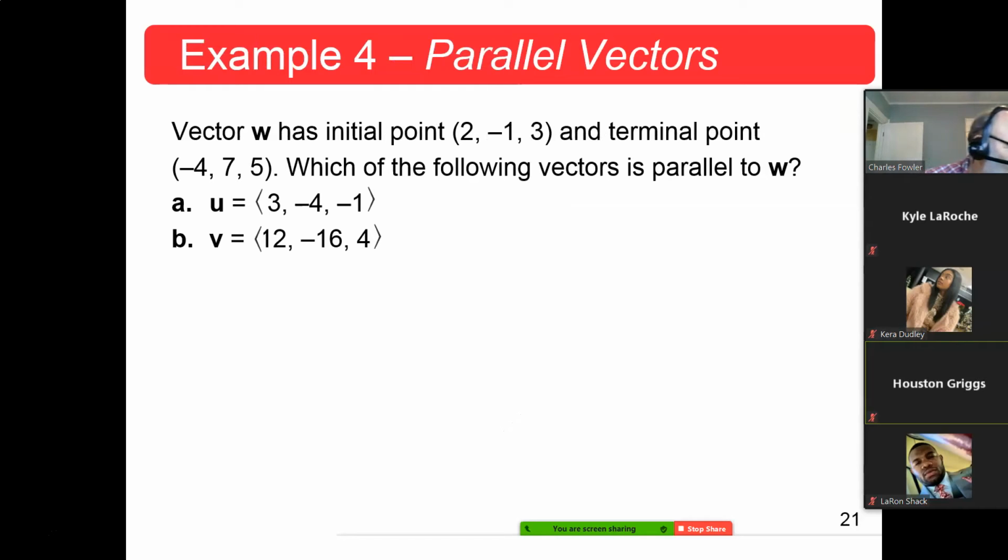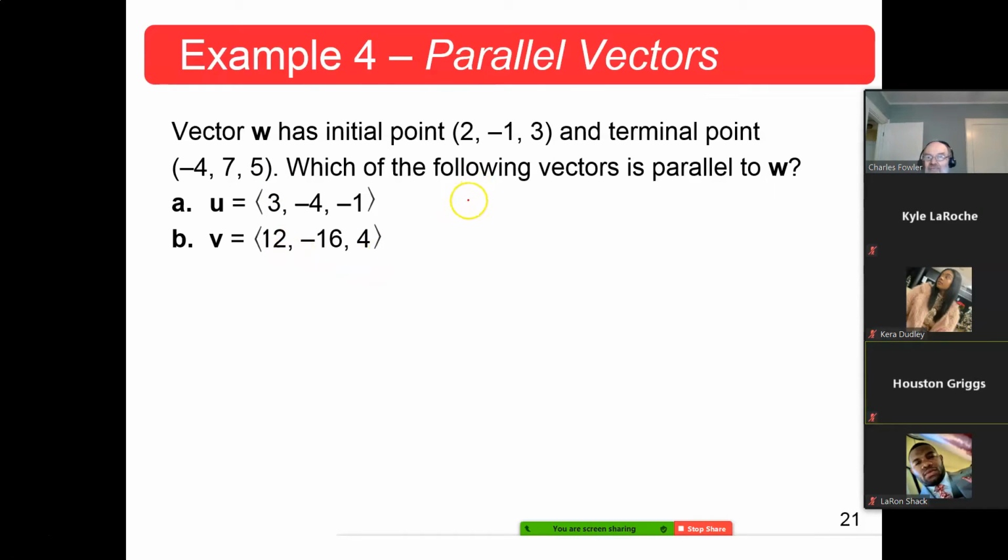So here's example 4, middle of page 765. Vector w has initial point (2, -1, 3), because of the parentheses you see here, and terminal point (-4, 7, 5). Which of the following vectors is parallel to w?